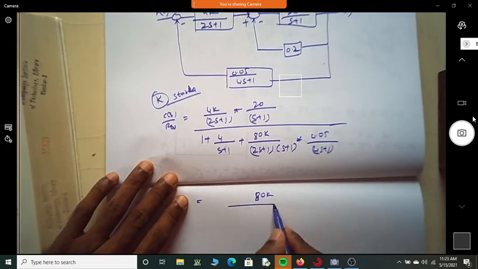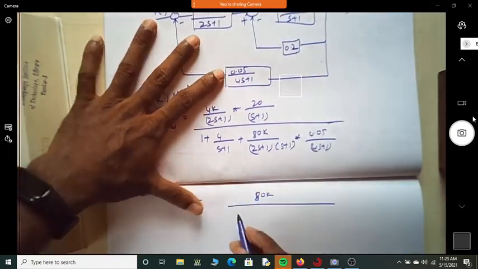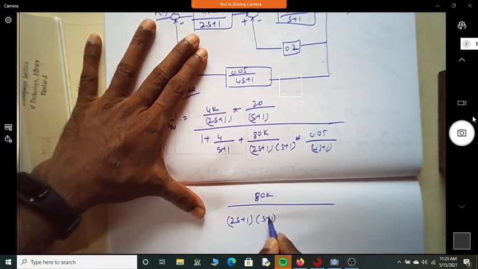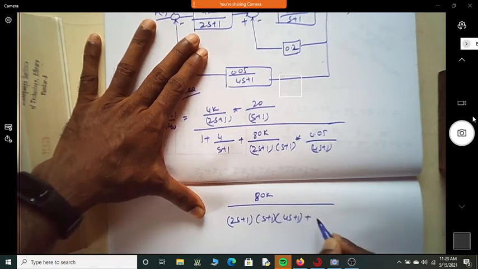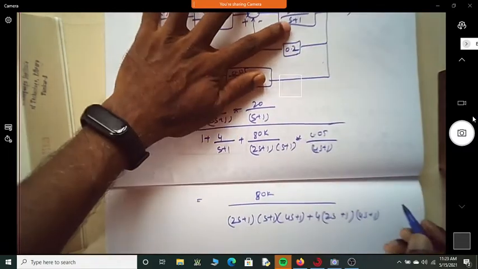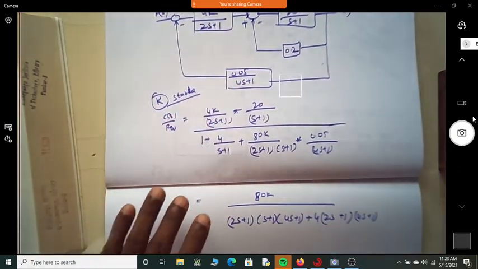What will be your equation? Will it be 2s plus 1 into s plus 1 into 4s plus 1 plus of 4, 2s plus 1 into 4s plus 1, multiplied by how much is 20 into 0.05?